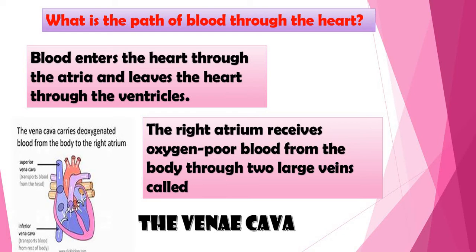How does blood flow through the body? First, we can say that the blood enters the heart through the 2 atria and leaves through the 2 ventricles. If we look at the right atrium, the blood enters the right atrium through 2 large veins called vena cava.